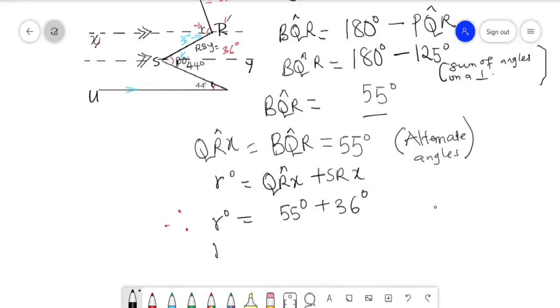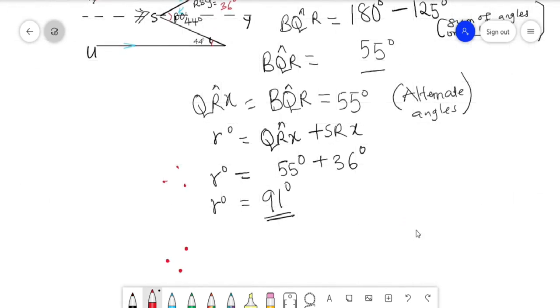So we have R to be equal to 91 degrees. Therefore, our value for R is equal to 91 degrees.